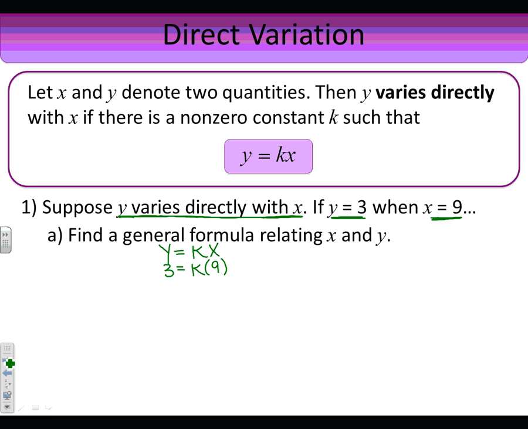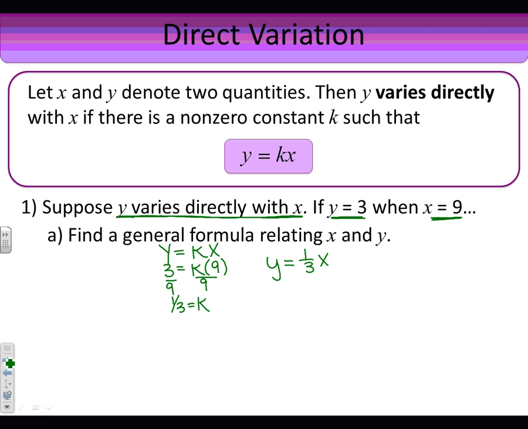In this situation, our constant value is going to be 1/3. That is how x and y are related to each other. So our general formula is y equals 1/3 x.